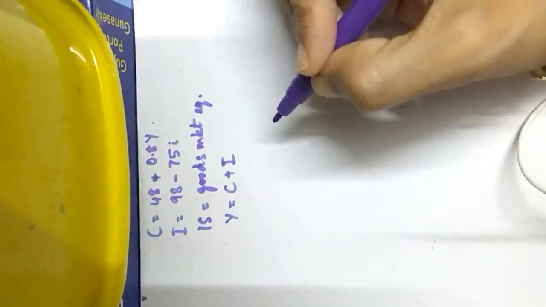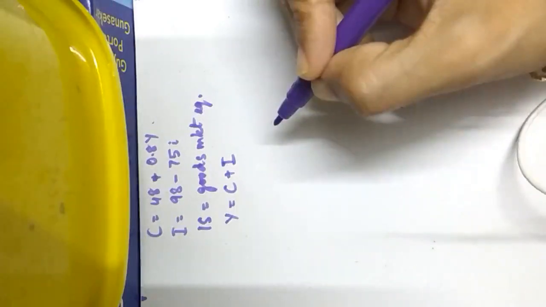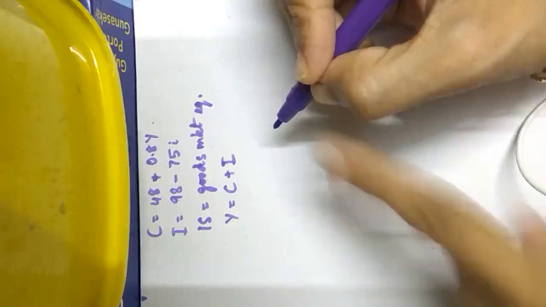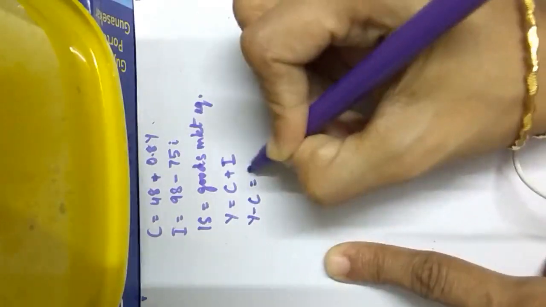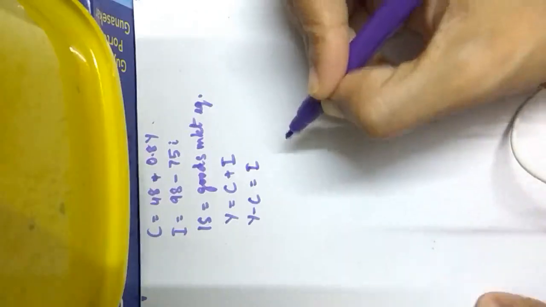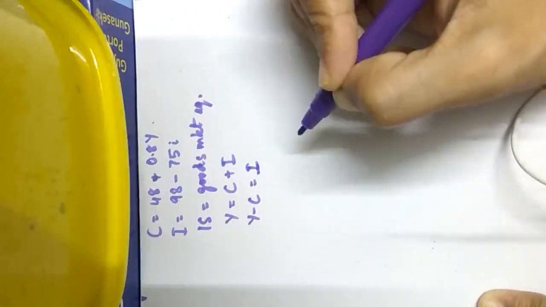IS actually means the point where investment is equal to savings. If I rearrange this, Y minus C is savings and I is investment.